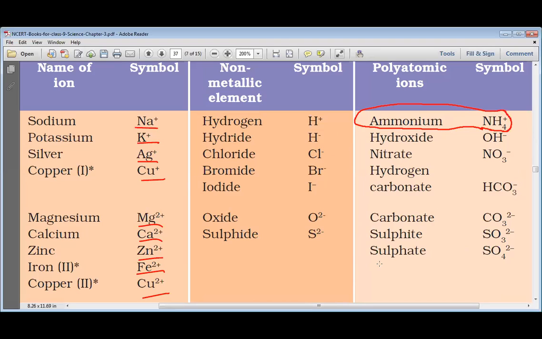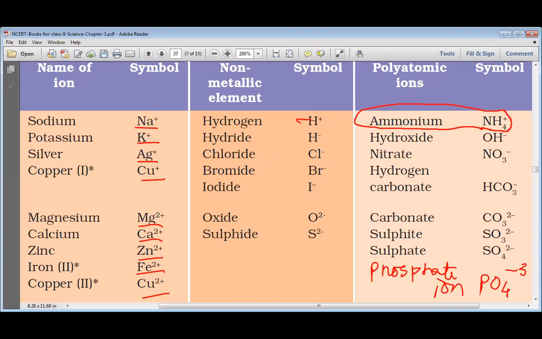There is one more ion which is known as the phosphate ion. It has negative 3 charge, PO4 minus 3. Same way, my dear students, you can easily understand that this is positive ion, negative, positive, cation, anion.